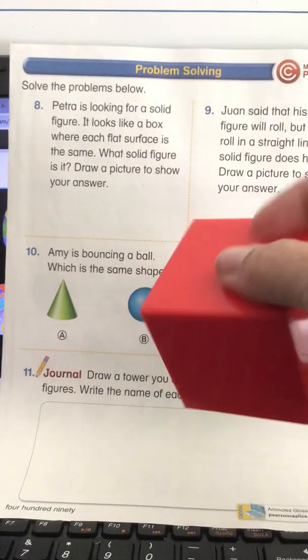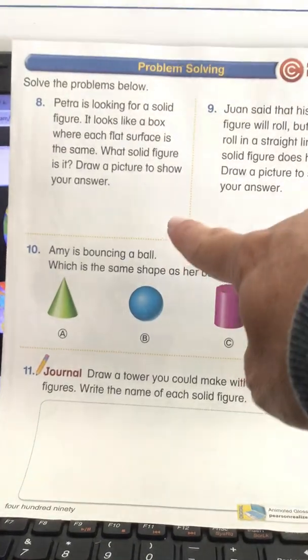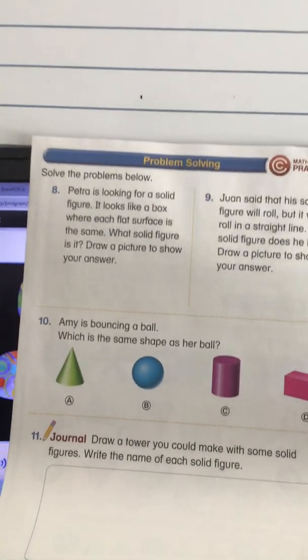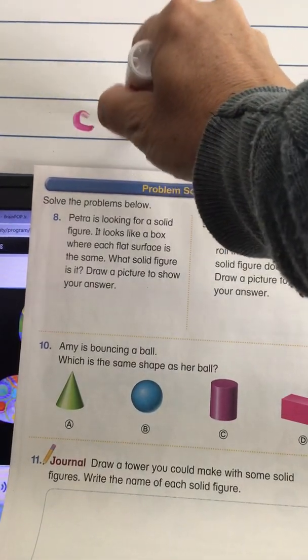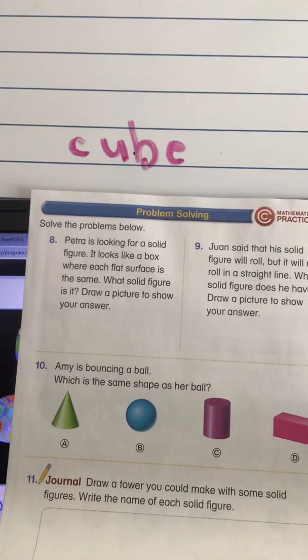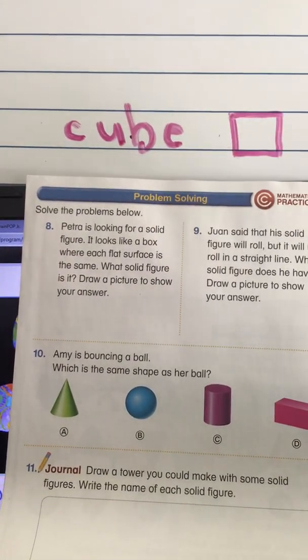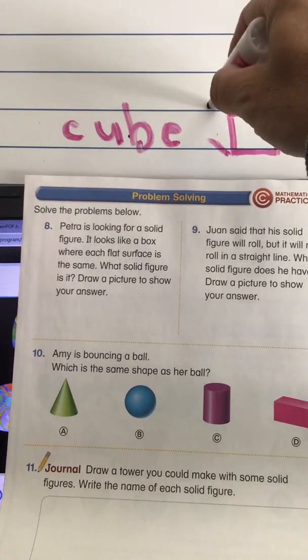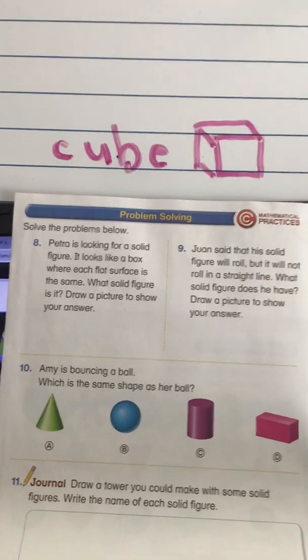The cube has each side the same. So you are going to draw a picture here of a cube. If you wanted to write the word cube, you can. It has magic E at the end, giving all of its power to the U. If you wanted to draw a picture, start with a square. Draw your lines on the side and the top to show that it is a cube.